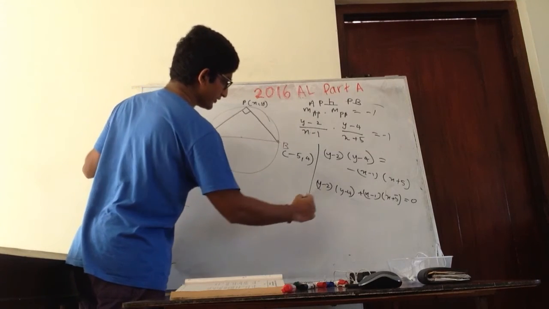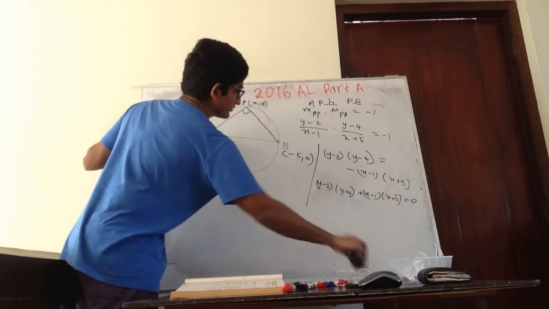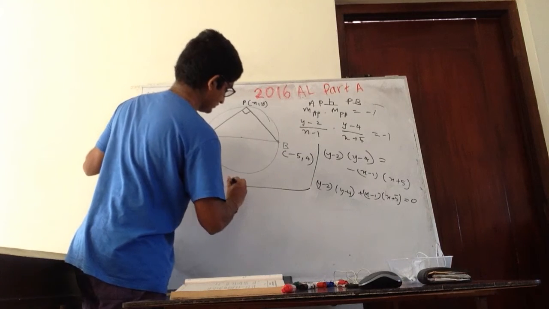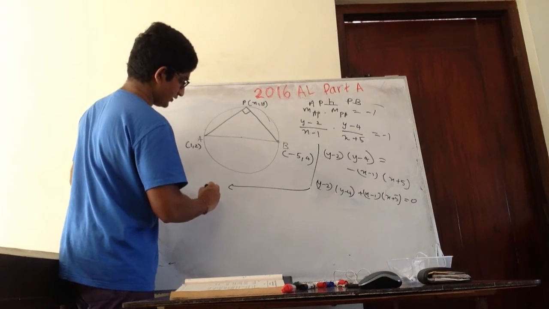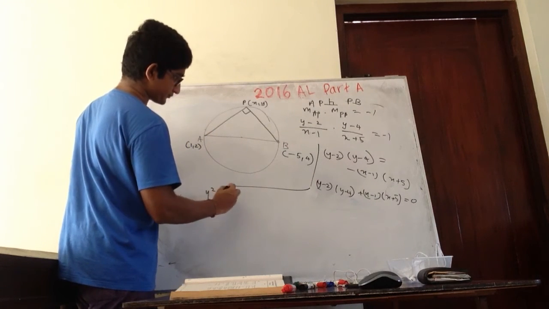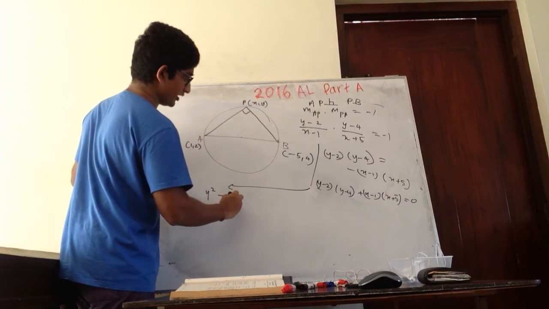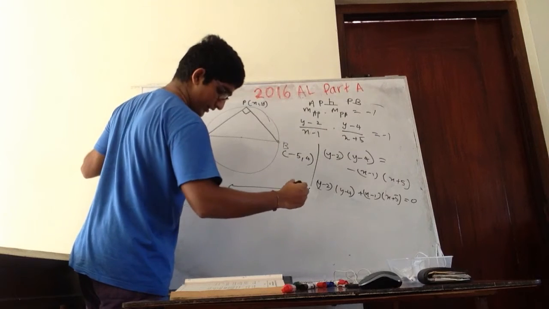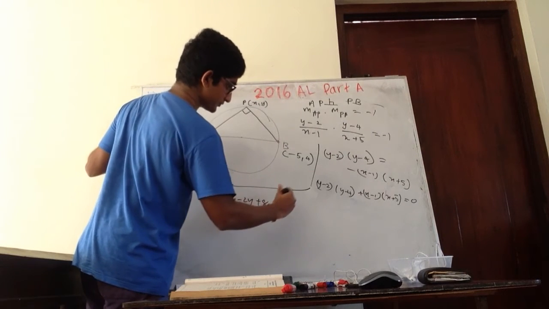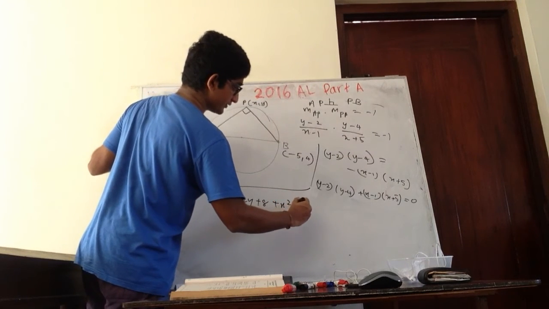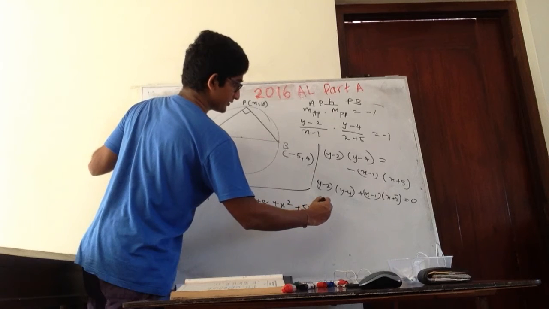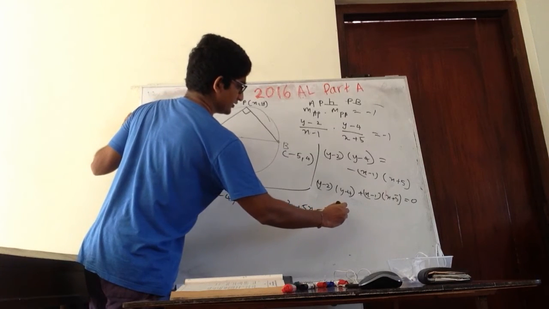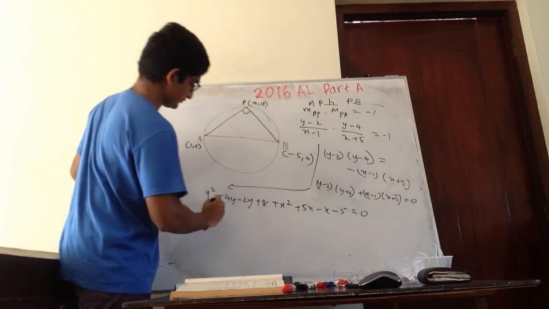So now if you simplify this, you will get y squared minus 4y minus 2y plus 8, then you will get x squared plus 5x minus x minus 5 equals 0.